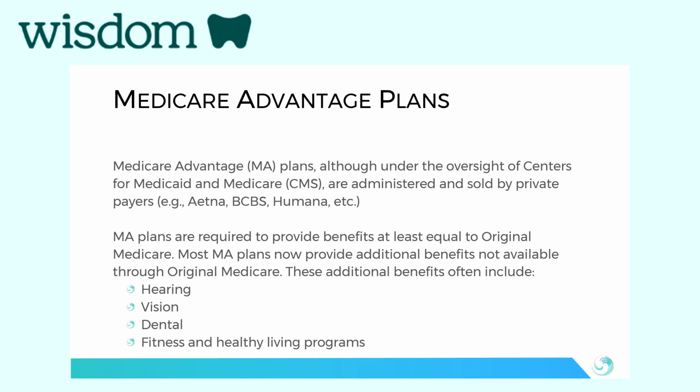And they're sold by commercial payers such as Aetna, Blue Cross, Humana. These are medical plans that fall under the oversight of the Centers for Medicaid and Medicare Services, CMS. And there's a contract between CMS and Blue Cross Blue Shield that says, I'm going to allow you to sell this Medicare Advantage medical plan, and I'm going to pay you a portion of the $140, whatever the amount is, that's deducted from this Medicare patient's Social Security check.